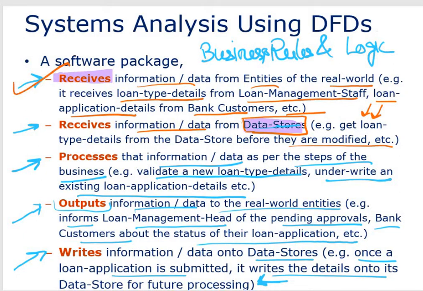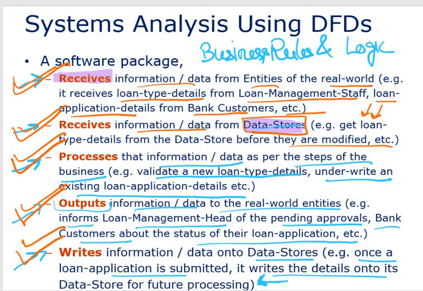So receiving the information from the real world, receiving the information or the data from the data stores, processing that particular information, giving some output in the form of some information or data, and then finally storing something or writing something to the data stores. So that's the entire purpose of the software package, for which I'm going to come up with my data flow diagrams.